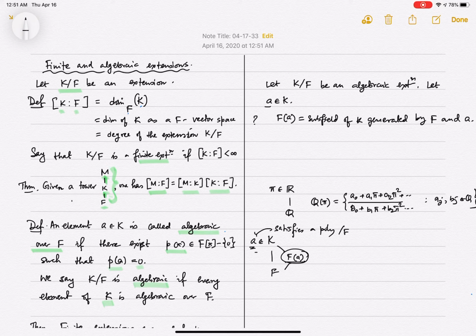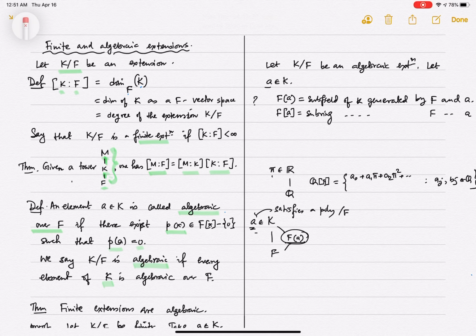I'm going to need another notation. F square bracket a is going to be the subring of K generated by F and a. Meaning it's the smallest subring of K that contains both F and a. Again, if you take this example, then it's just going to be all such polynomial expressions.